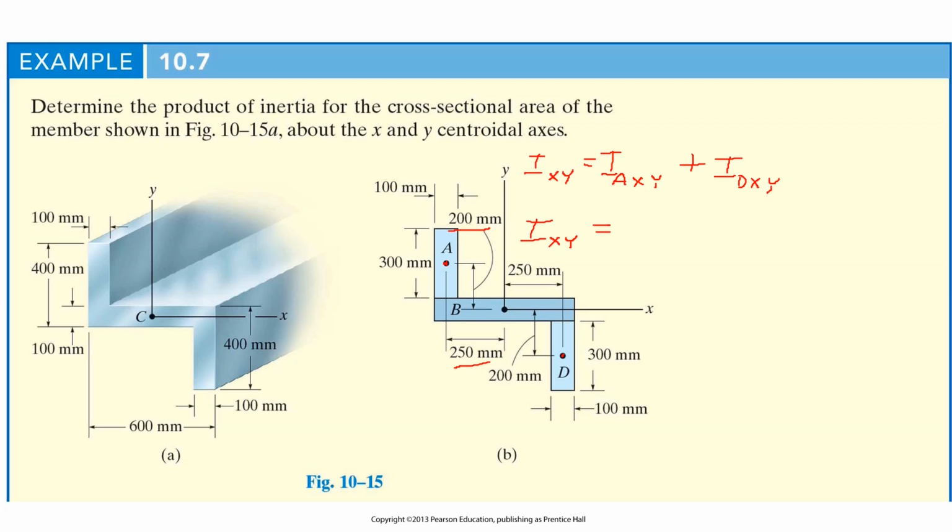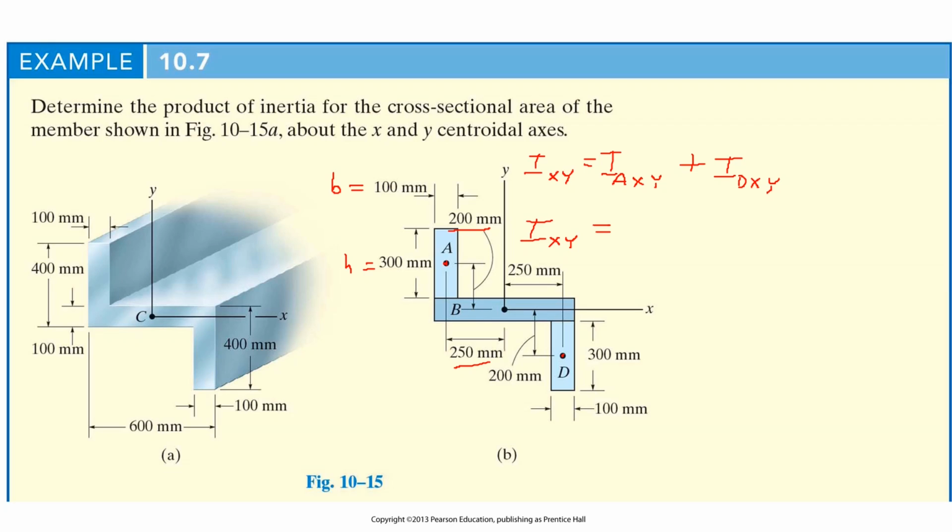So to get the moment of inertia, we just need to take the area, which is width times height. I'll take B as the width. B equals 100 millimeters. Height, H equals 300.